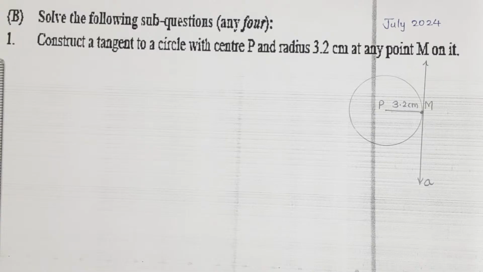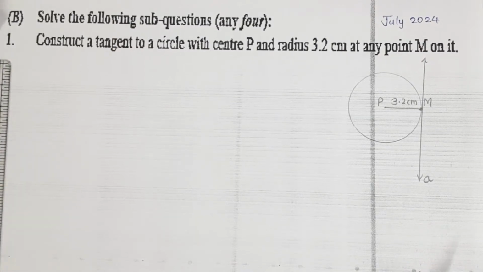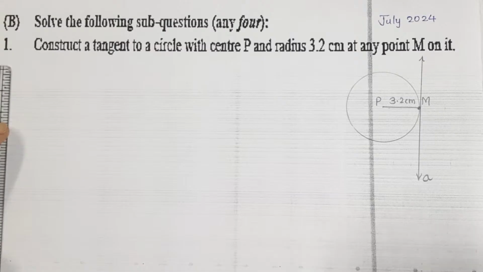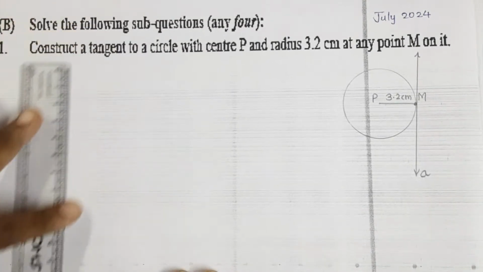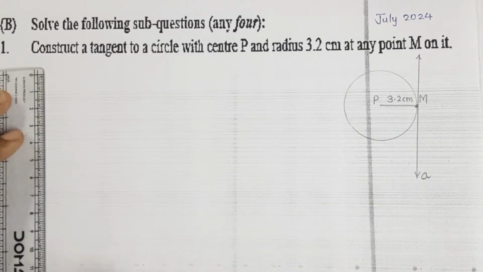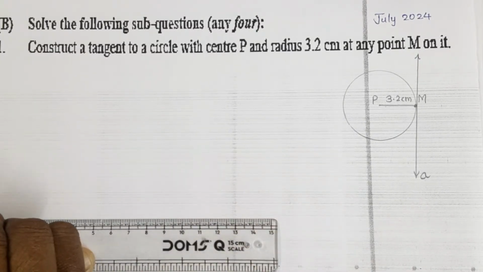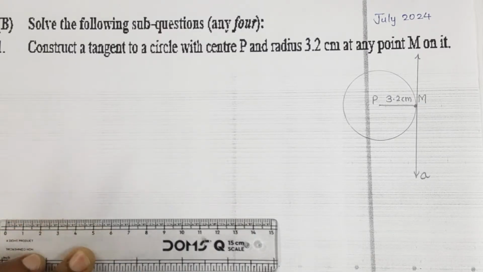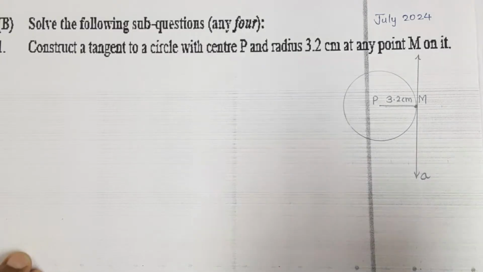So now here this is the rough diagram, but you should draw the fair diagram here with proper measurement, students. So take the distance 3.2 from the scale here, three point two. So this is the marking of 3.2, students.